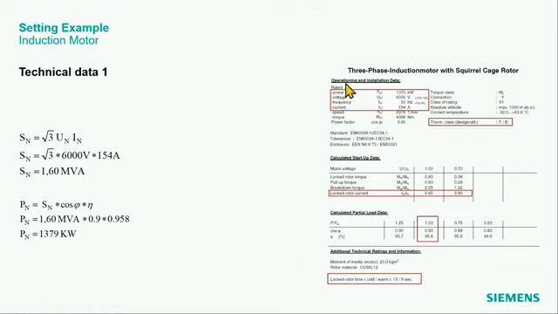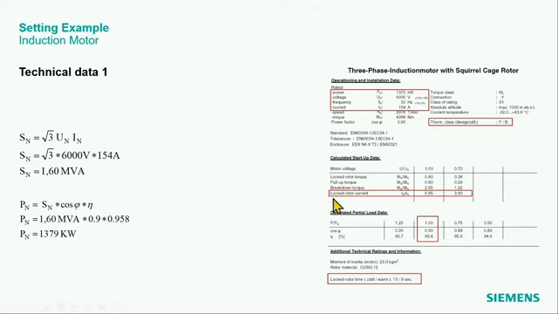I get some general data like the power 1370 kilowatts, 6 kV, 50 hertz, and the nominal current is 154 amps. Thermal class F/B, so this gives us an indication for the stator overload protection.